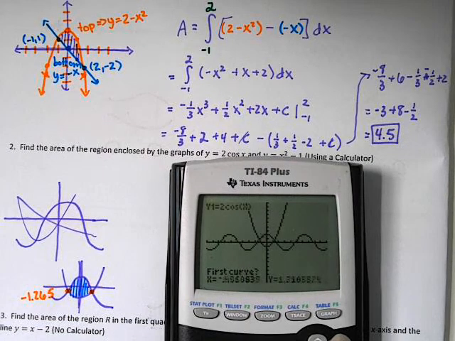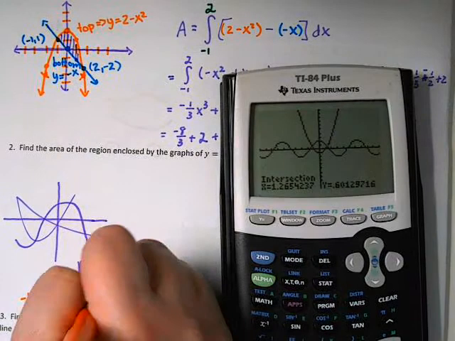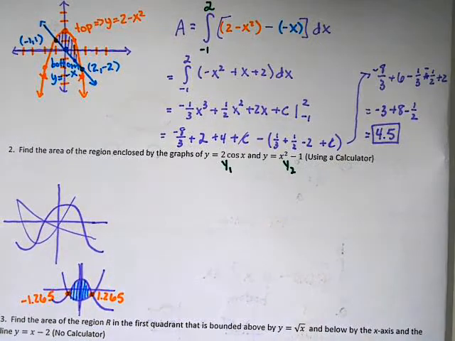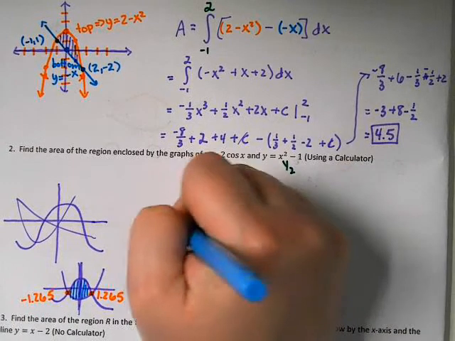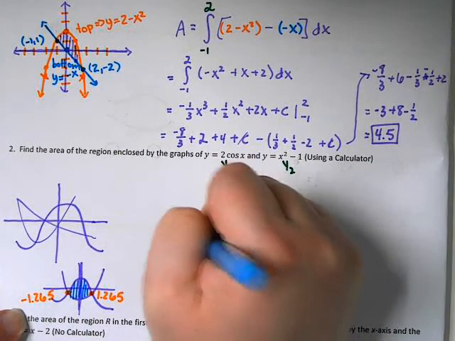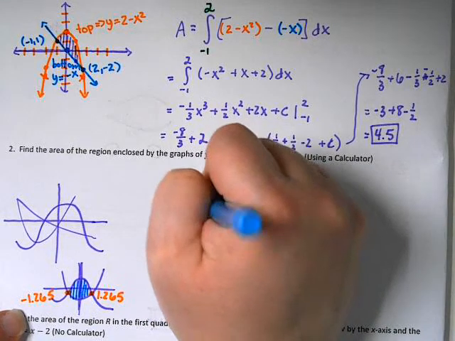And I'm going to go over to here. And that is a positive 1.265. So now I have my bounds, which means if I want to start finding my integral, I know I'm going to go from negative 1.265 to a positive 1.265.